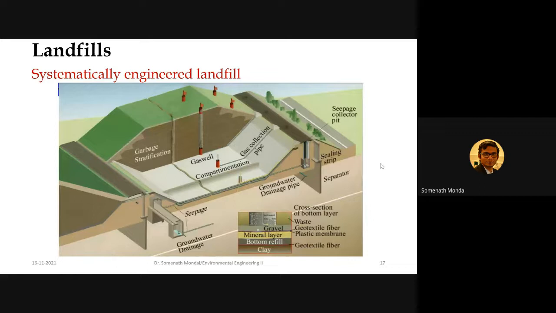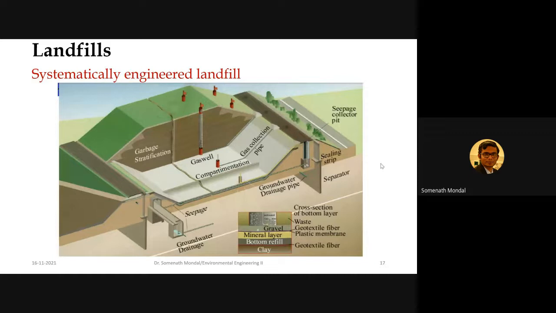And apart from that, we have a leachate collection system, so that pipeline is also there. And then you start filling from the bottom, and then you can see that garbage stratification has been done. And then once the final layer is placed in the landfill, after that we'll have a top cover.